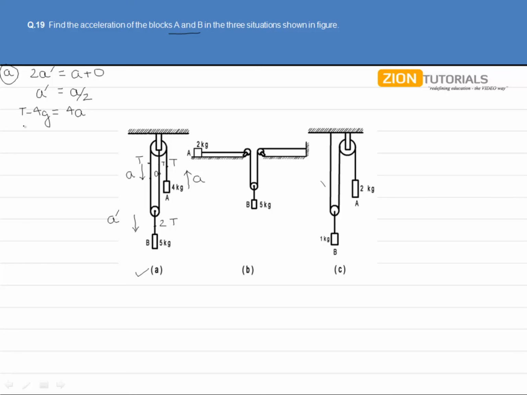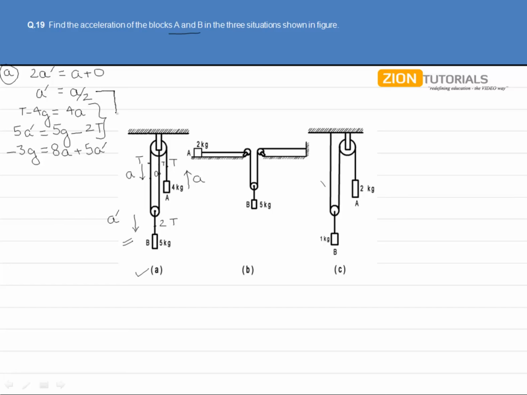Also, applying the equation on the block B, we can write 5a', that is mass into acceleration, is equal to total downward force, that is 5g, minus total upward force, that is 2T. Solving both of these equations, we get minus 3g equals 8a plus 5a'.